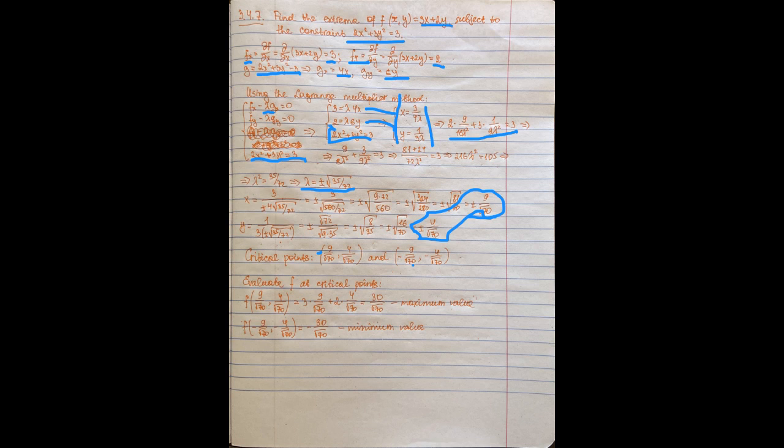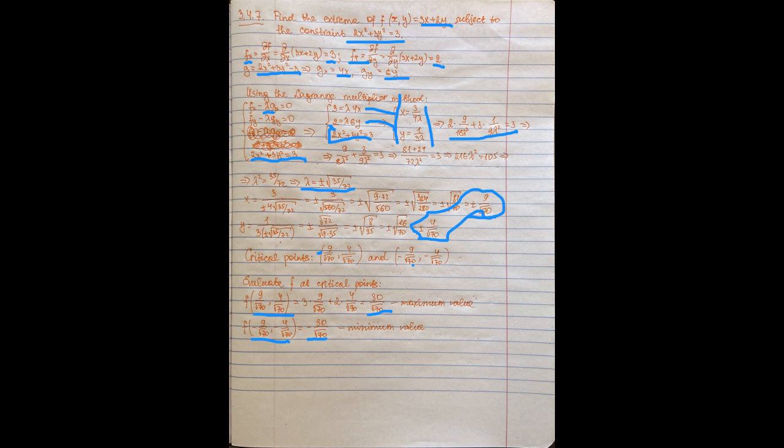So at this point, the result is 30 over radical 70. And for another critical point, the result is negative 30 over square root of 70. And then I just compare these two numbers, and whichever is greater is the maximum value, and whichever is lower is the minimum value.